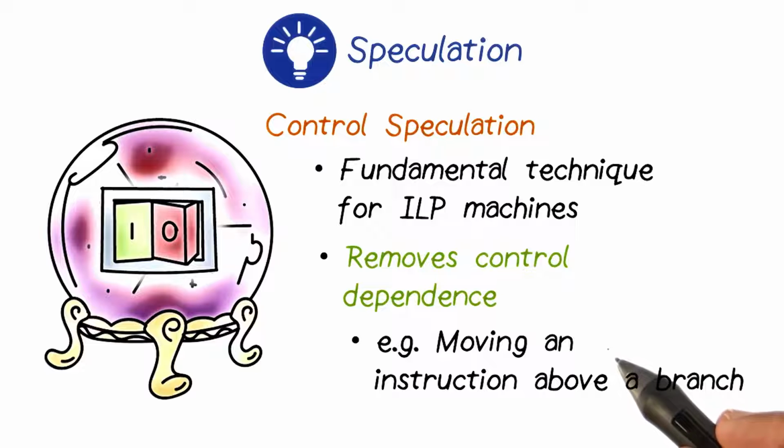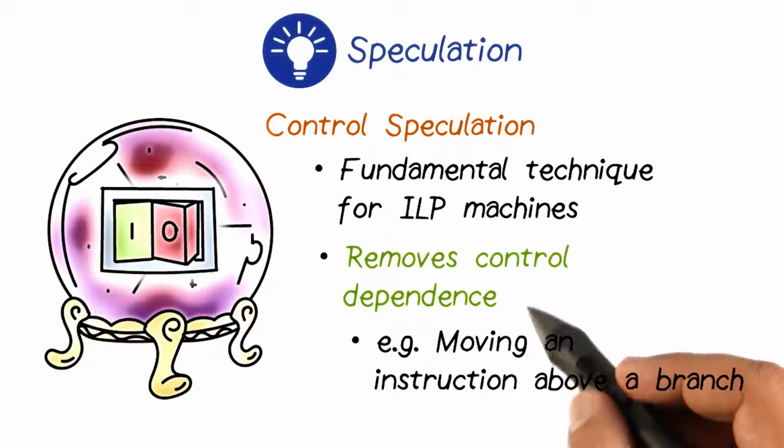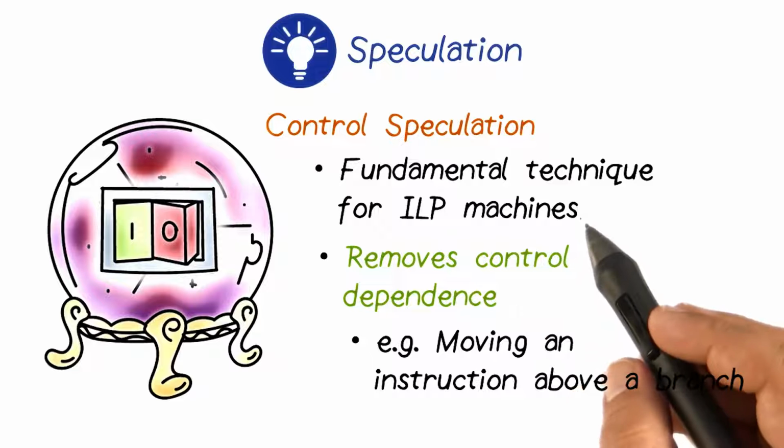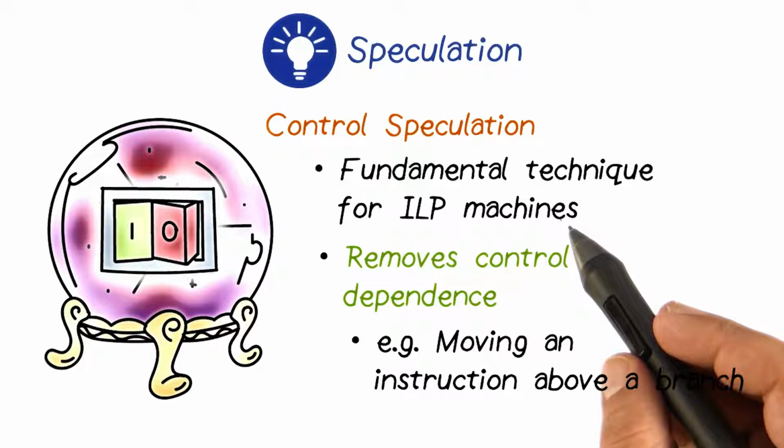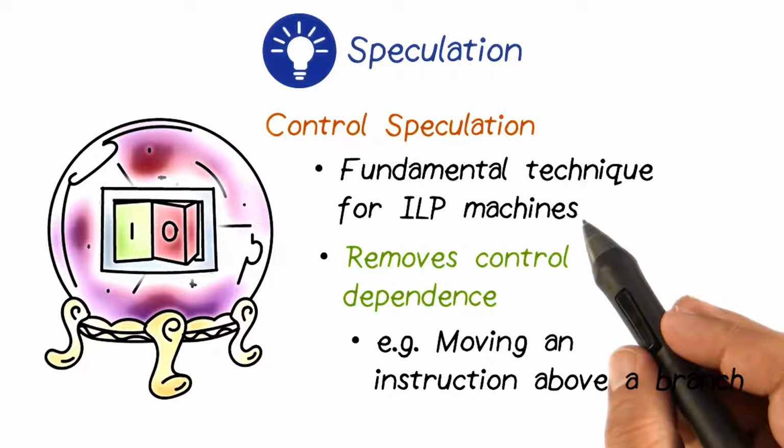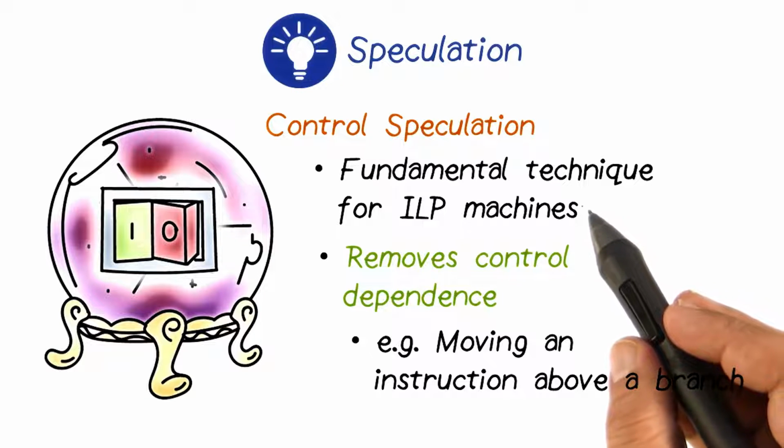Like we discussed in the previous slide, a load would be moved to an earlier position and would start executing, anticipating that the branch is going to take the direction which has the load. In that sense, it removes the control dependence of this load on this branch. And what is the implication here? It is about latency hiding, and it improves the ILP because stalls are reduced by this mechanism.